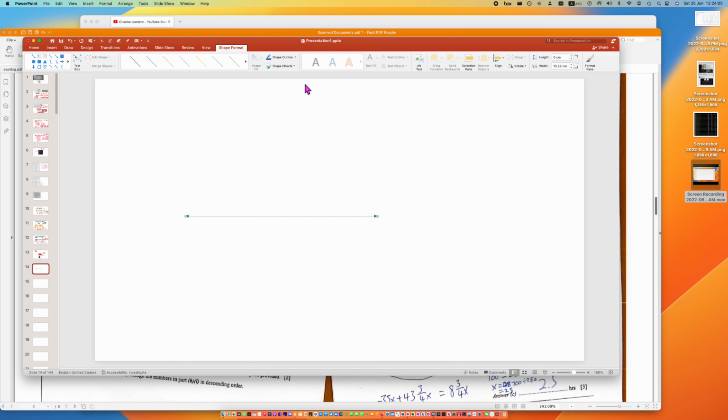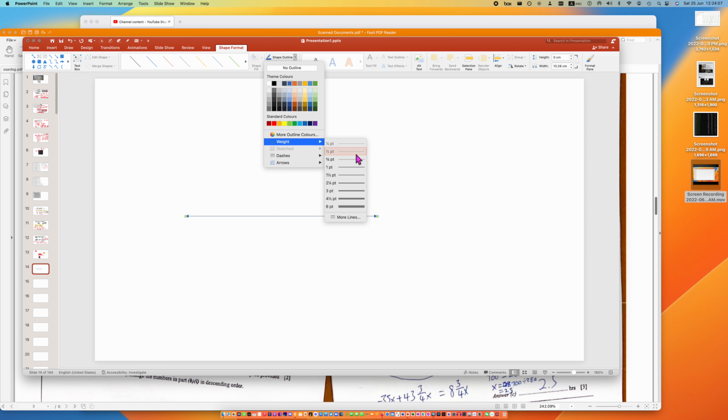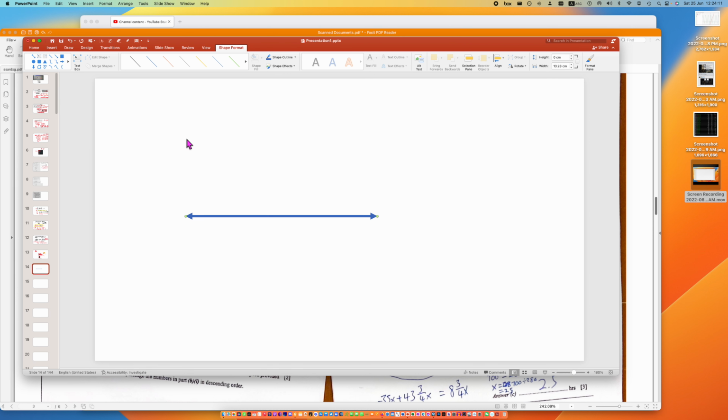Okay, you need to show that this is, okay, be very careful. So this is called a number line. Why is this a number line? With arrows pointing outwards.